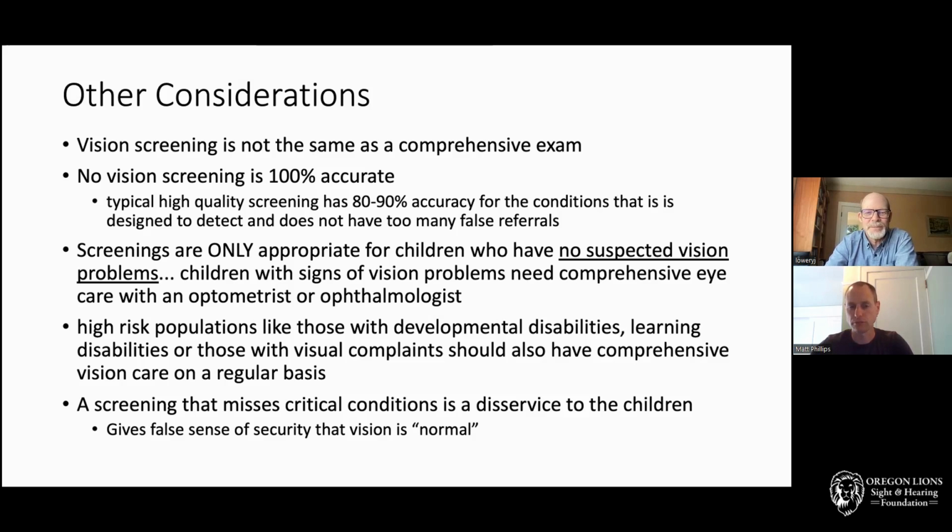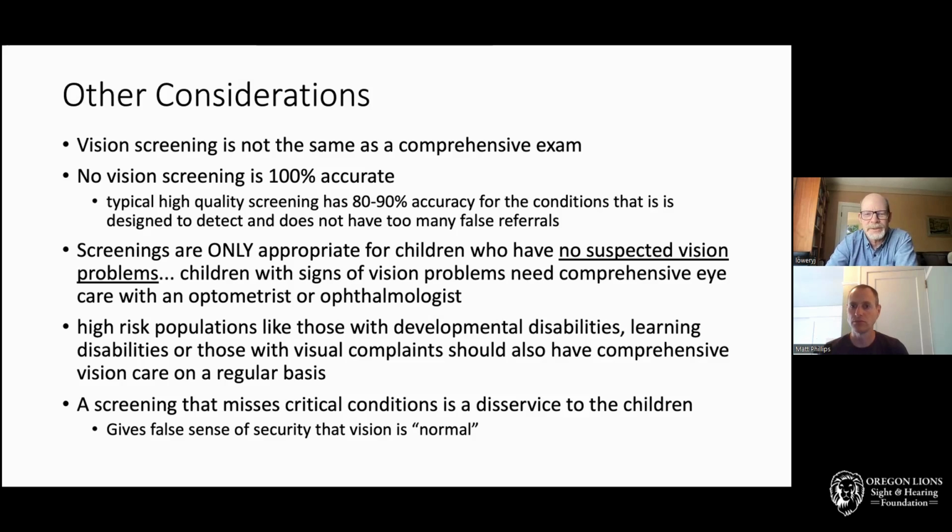But bottom line is, we don't want to miss kids with problems, especially kids with developmental disabilities and learning disabilities. For those kids, the prevalence of vision problems is so high that it really doesn't make much sense for them to even have screenings. They should just have comprehensive eye exams on a regular basis. We don't want to miss critical conditions.